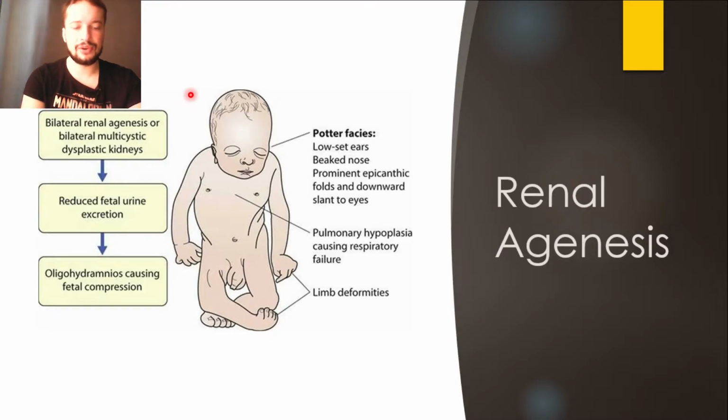Oligohydramnios causes severe pulmonary hypoplasia. A characteristic facial deformity occurs because of the lack of growth and development. The prognosis is poor and the majority will die within 24 hours of being born. In cases of early antenatal diagnosis, termination of pregnancy is recommended.